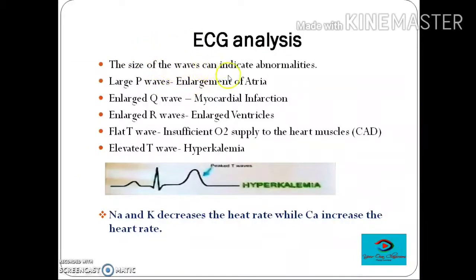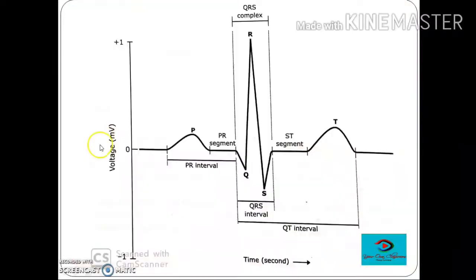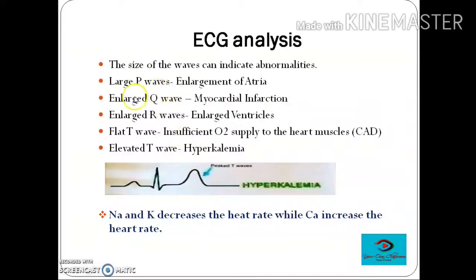The size of the wave can indicate abnormalities. If the P waves are large, as we said, P waves indicate atrial depolarization or atrial contraction, so if the P wave is large, it indicates enlargement of the atria, meaning there is some problem associated with the muscles of the atria.